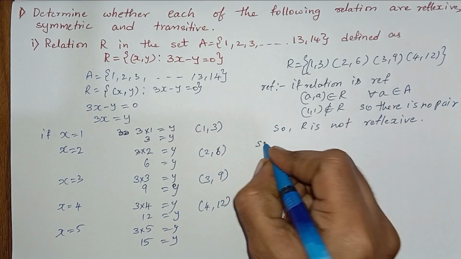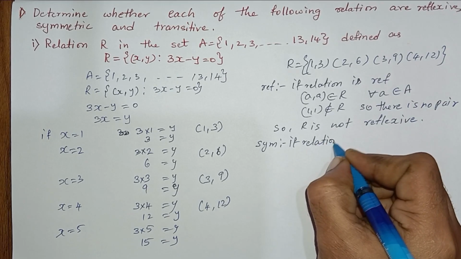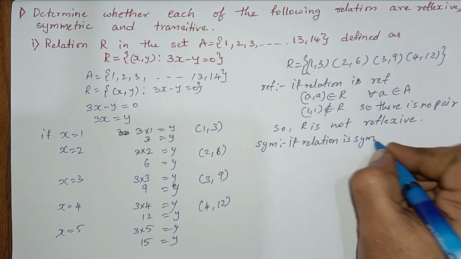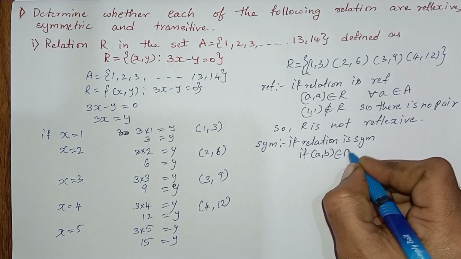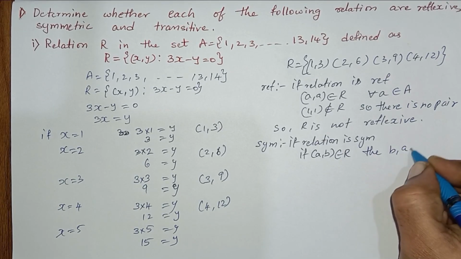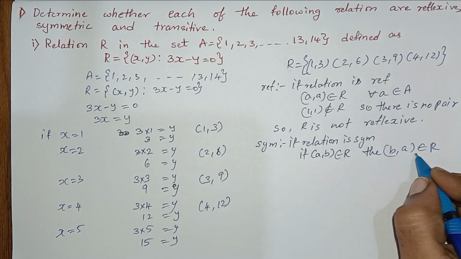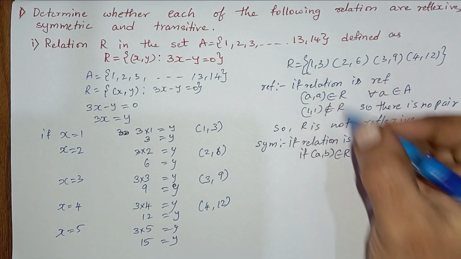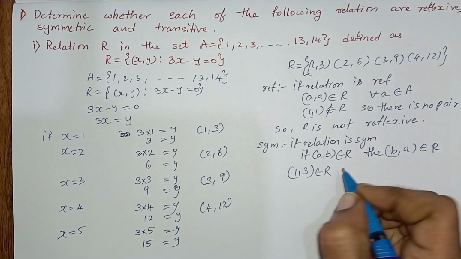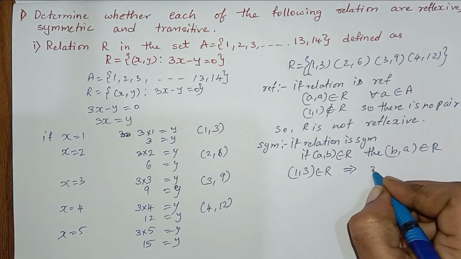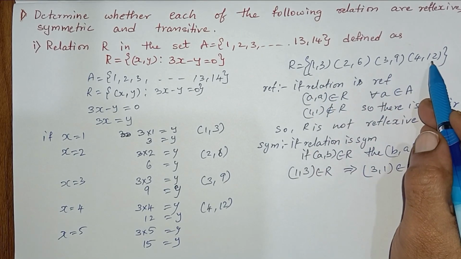Next we have to check for the symmetric. A relation is symmetric if (a, b) belongs to R, then (b, a) should also belong to R. So if we take the first ordered pair, (1, 3) belongs to R, then this implies that (3, 1) should also belong to R. But we don't have (3, 1).